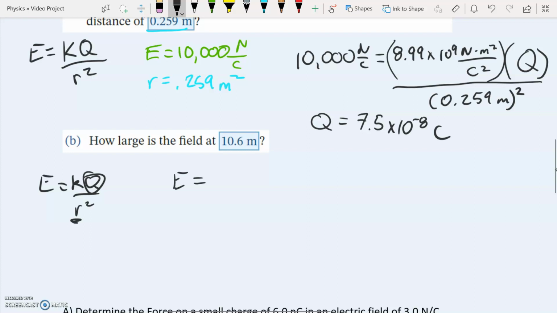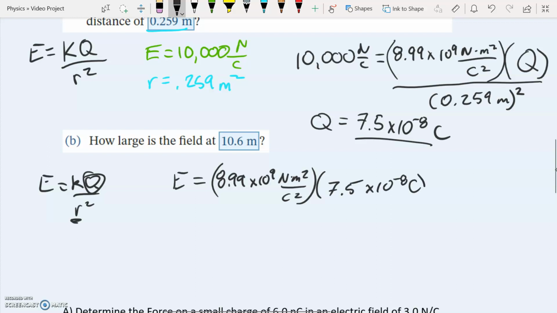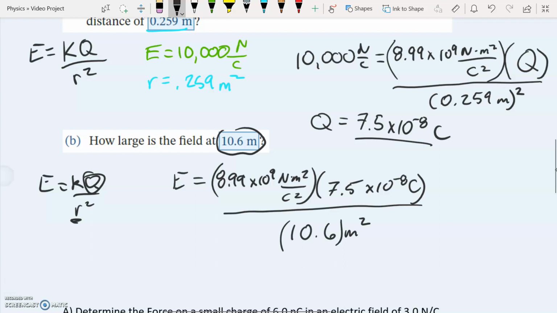E, which we're trying to determine, equals 8.99 times 10 to the 9th multiplied by the charge we found, over the new radius, stated here, 10.6 meters squared. Now our field will be in newtons per coulomb, and if we punch this into our calculator, we find that it is 0.6 newtons per coulomb.